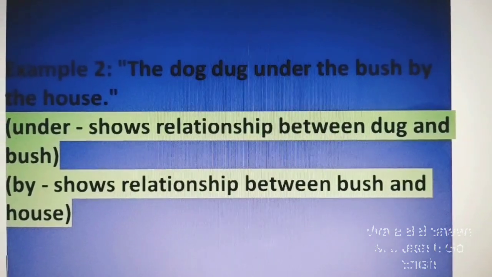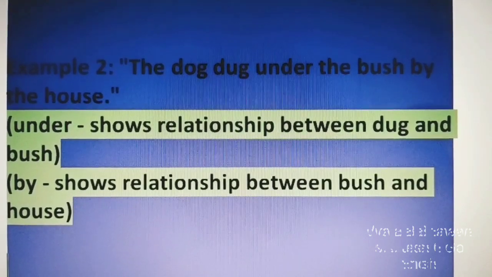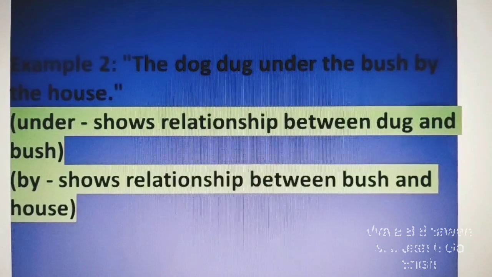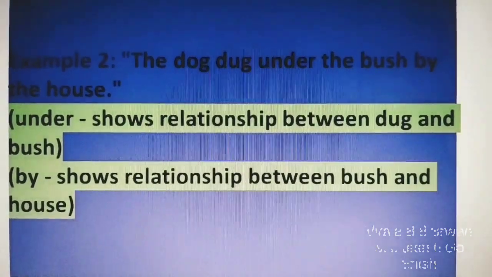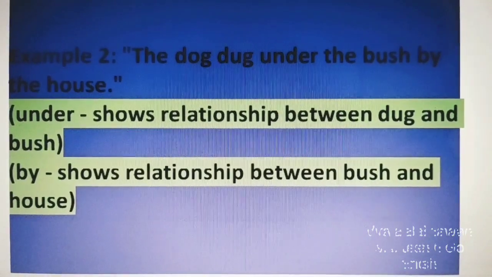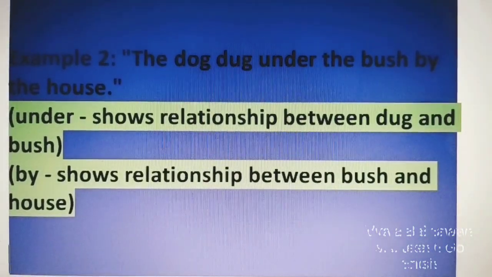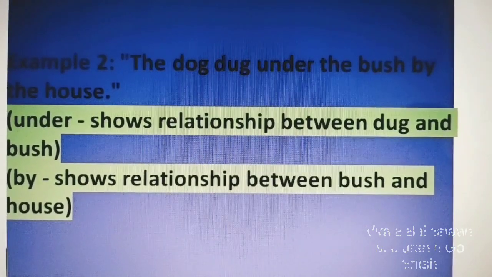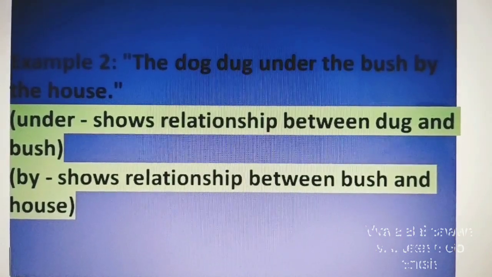And please note, handwriting must be neat and clean, whether you are writing during the session or doing your homework. I hope all of you are done. Good. Now another example we'll see.